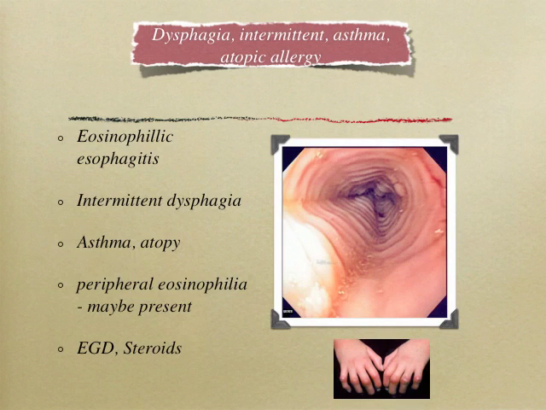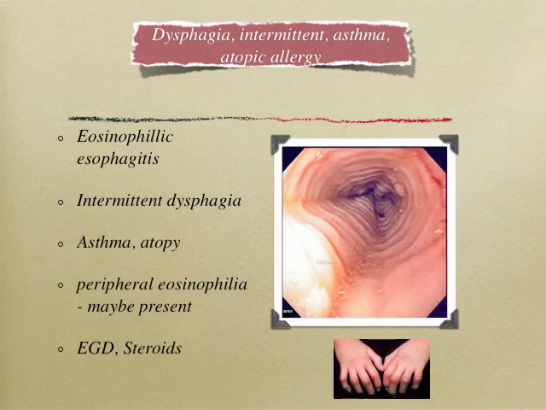However, you may get certain other clues. One is that the patient has other atopic allergies like asthma, allergic rhinitis, or atopic allergies of the skin. So if they give you that and give you intermittent dysphagia, then this is the diagnosis.